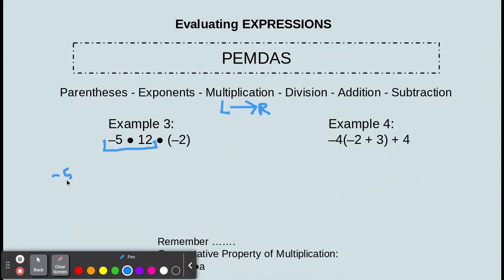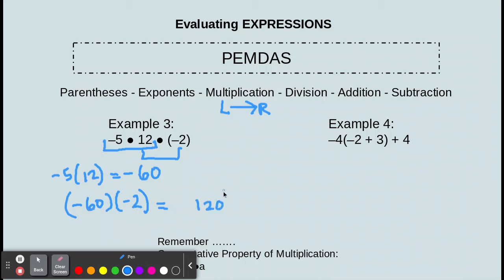Negative 5 times a positive 12 is 60, but since the signs are different, it means to be a negative. Now we end up with a negative 60 times a negative 2. So that means 60 times 2 is 120, same sign, so it stays positive.